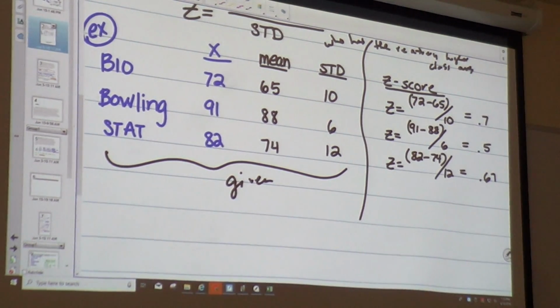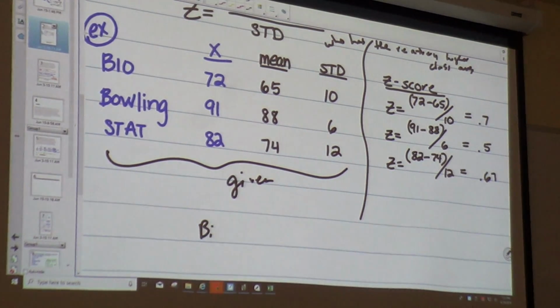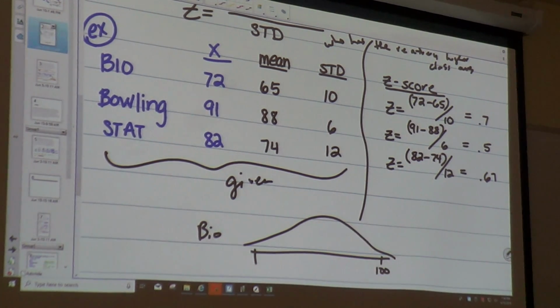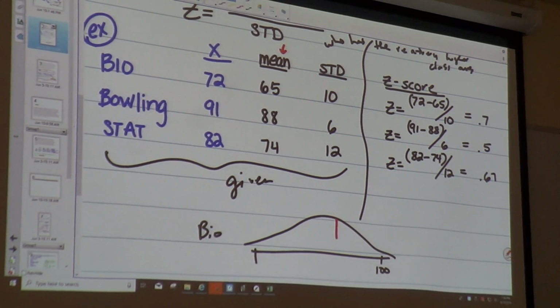So if I were to draw biology, going from 0 to 100, their average is what goes in the middle. So let's start. There's 0 to 100. Okay, her average, let me put 10, 20, 30, 40, 50, 60, 70, 80, 90, 100. So 65 is going to be the mean. And so that's going to be like my hump right there.